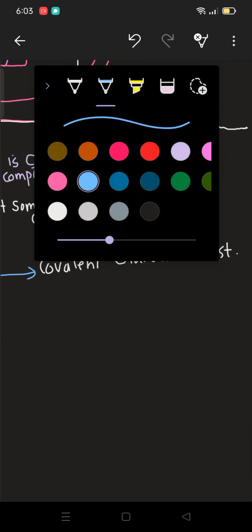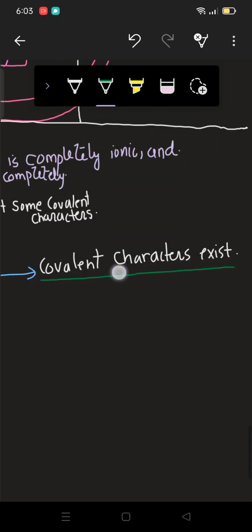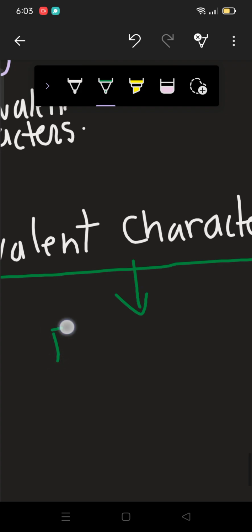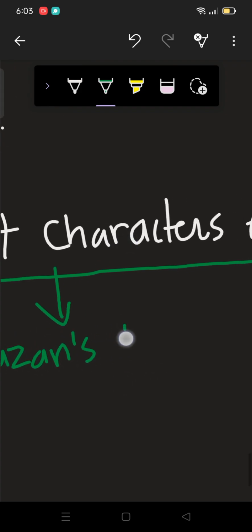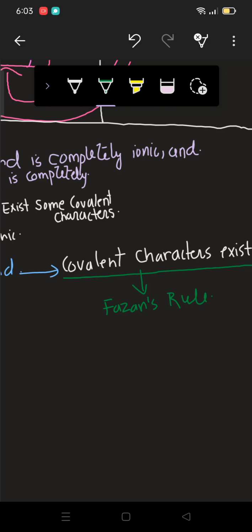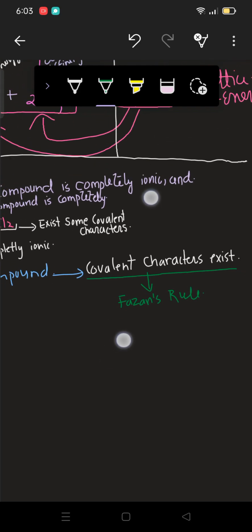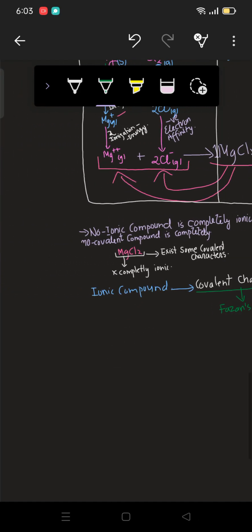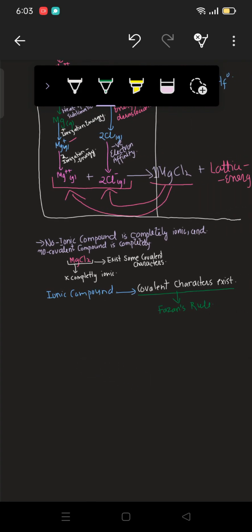To calculate the covalent characters in an ionic bond, we have a rule called Fajan's rule. So Fajan's rule is a rule which is used to calculate the covalent characters in an ionic bond, since an ionic bond is not completely ionic, right? So we have Fajan's rule which is going to tell us the covalent characters in the ionic compound.